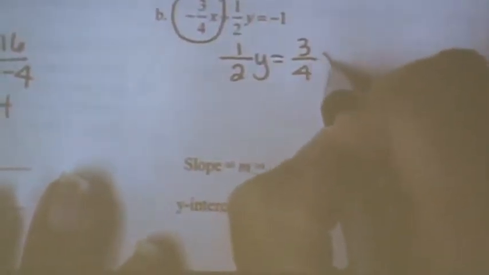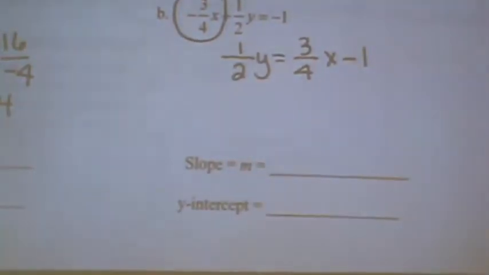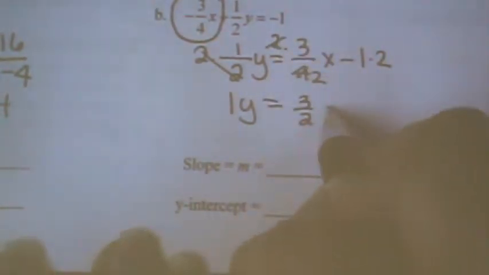All I did was move negative 3/4 over to the right side, change the sign of it. Very good. Now look at the y value, that's the boss. How do we get y with a 1 in front of it? We have to multiply this by 2, then this by 2, and this by 2. So you get 1y is equal to, 2 goes into 4 2 times, so it's 3/2 x minus 2.